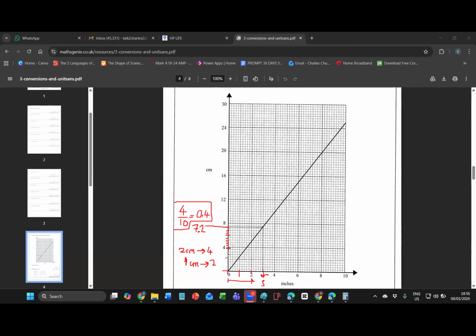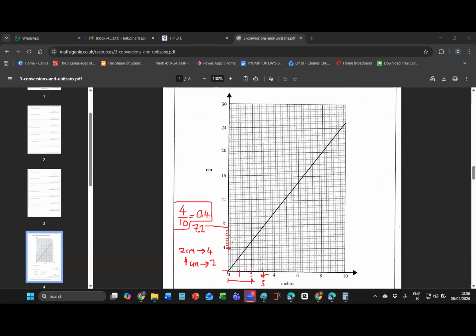Do you understand what I mean? Is it 0.4? Yes. So that's why I had to say 4 divided by 10, and that would give me 0.4. So all I needed to do was to start from the ones that I could see and count upwards to the one that I can't see.